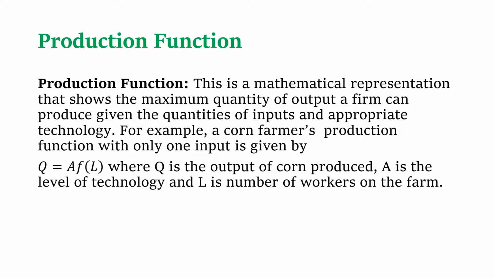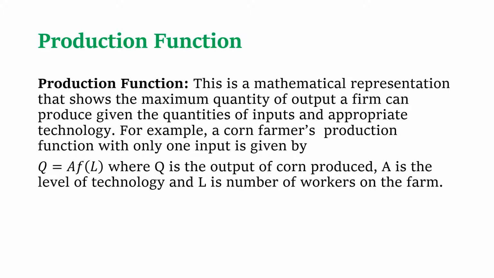So you might need maybe 1,000 workers to produce corn in the corn field. You also need to use some capital equipment to till the land, and you also need the seedlings, so they use capital to buy seeds.